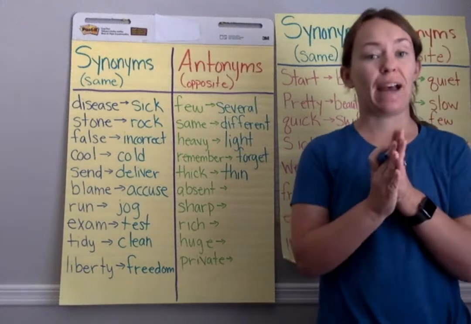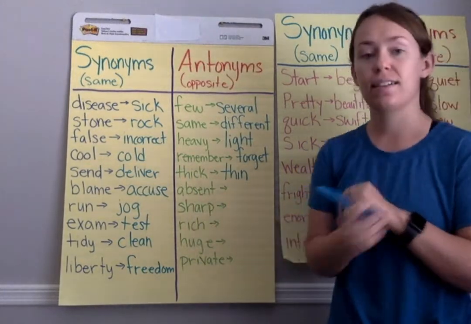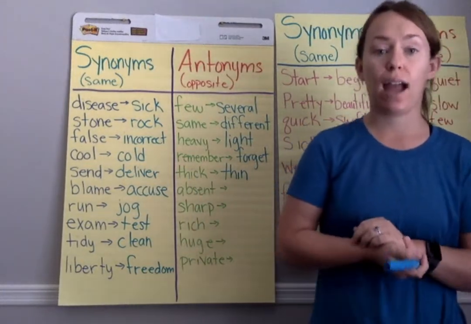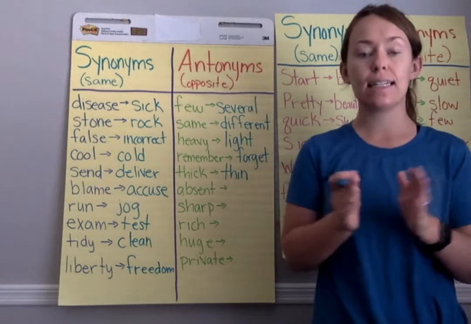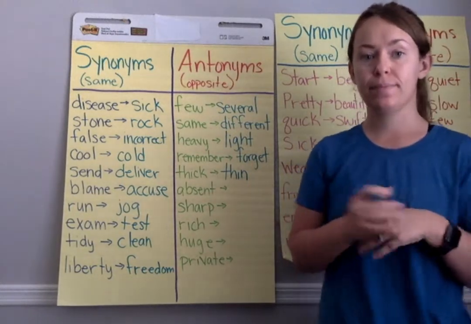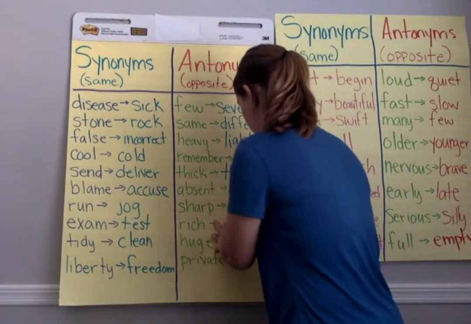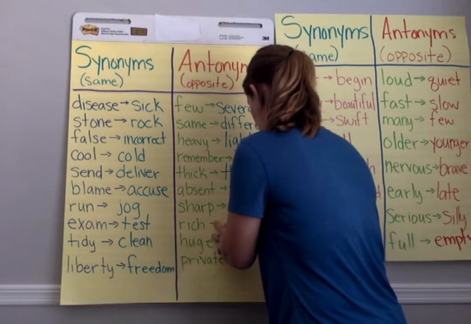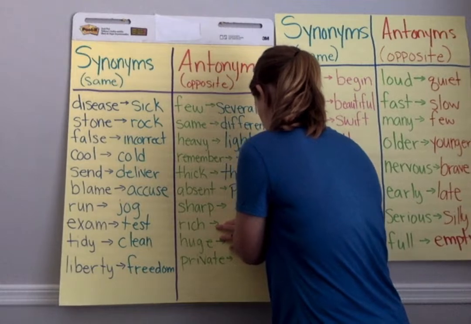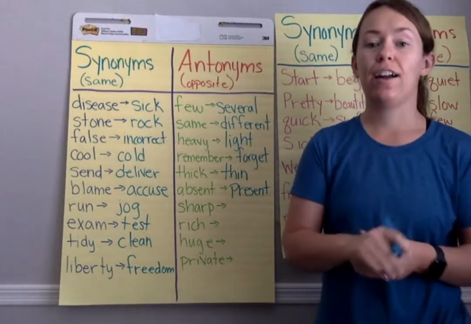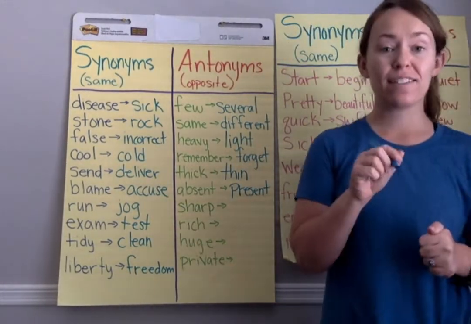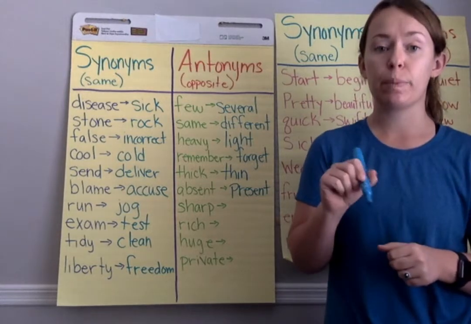All right, let's say we're back in class and I mark you absent. What's the opposite of being absent? What is an antonym for absent? Present. You're here. All right. Thinking about our pencils.